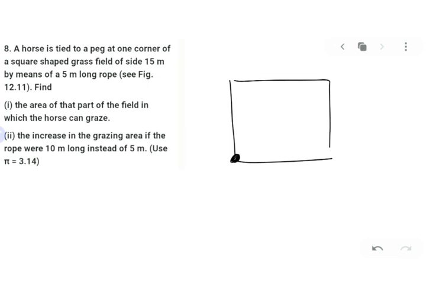So this is a square shaped field of 15 meter, and it is tied by a 5 meter long rope. So you have to find the area of the part of the field in which the horse can graze.